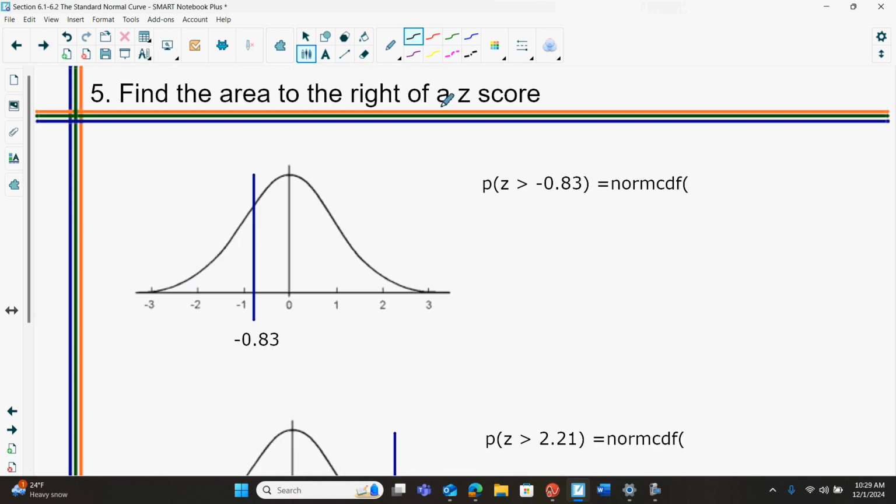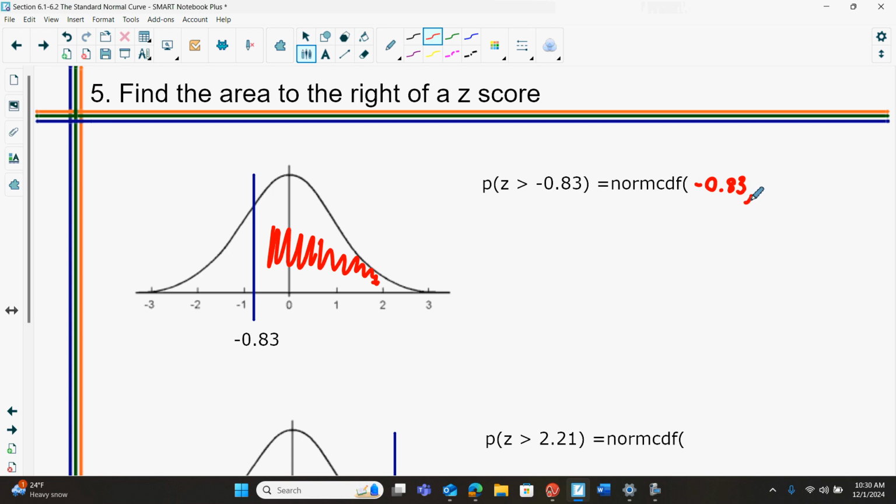Now let's find the area to the right of a z-score. I want to find the probability that a z-score is greater than negative 0.83. So now I want this area right here. Please excuse my coloring, I don't feel like changing it. Now here's what I'm going to put in. It's the same calculator command, but now my lower bound is going to be that z-score, negative 0.83.